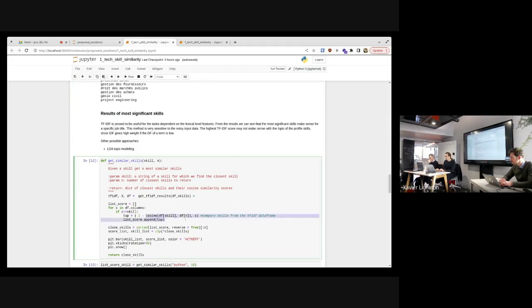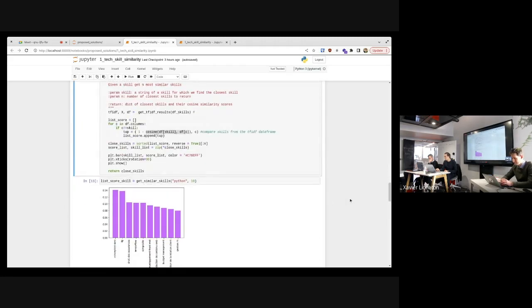That's what's done here. And given a skill, we'll find the other skills that have the highest cosine similarity with this TF-IDF. That's what's being done with the sorting here.